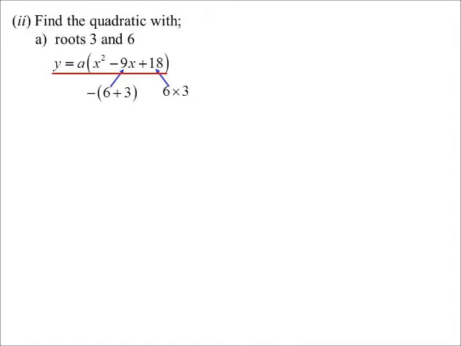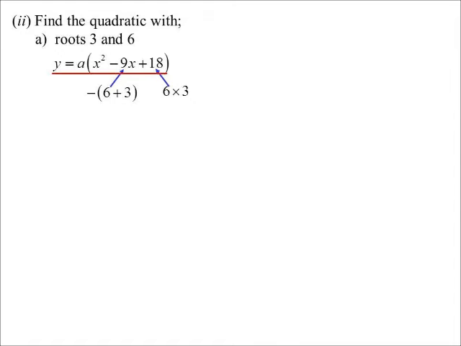Why does that work? Well, think about it in reverse. If I gave you x squared minus 9x plus 18 and said, factorise this, what would you do? You'd say, what multiplies together to give this last number? What adds together to give this middle number? So all we're doing is the reverse. So when I saw the roots of 6 and 3, I said, oh, well, 6 3s are 18, so I know the number's 18. 6 plus 3 is 9, but it's got to be the negative of that.